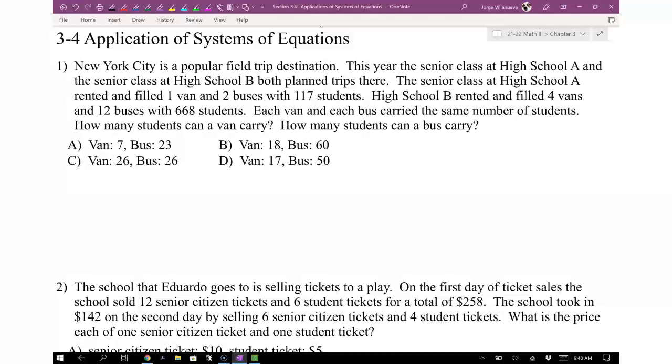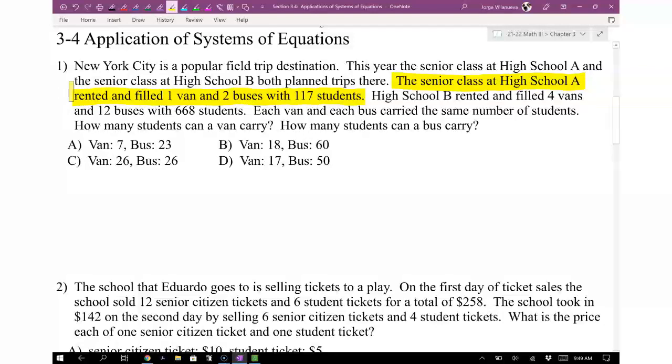The next part. The senior class at High School A rented and filled 1 van and 2 buses with 117 students. Does that look like I can make an equation out of that? Yeah. So I'm going to highlight this one. Here's one equation right here. I'm going to reread this: senior class at High School A rented 1 van and 2 buses with 117 students.